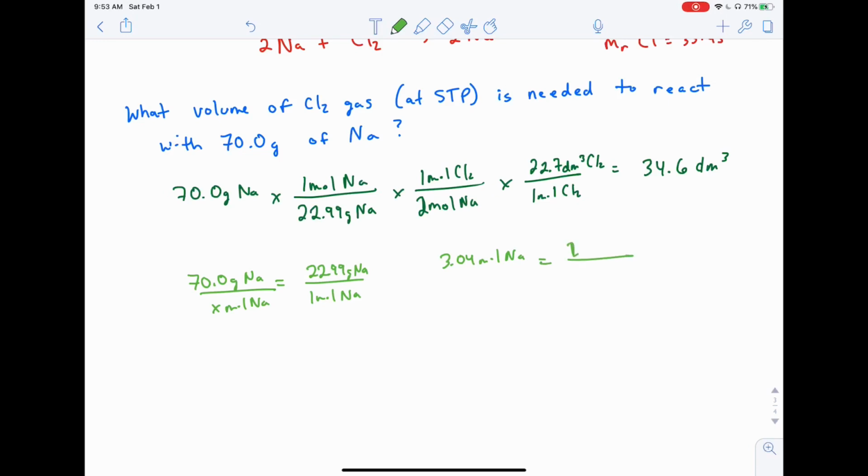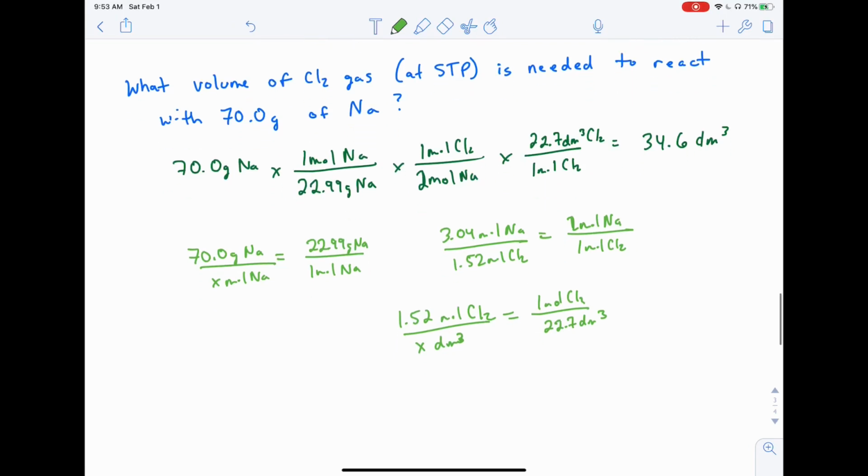Then 2 moles of Na is 1 mole of Cl2, and that means about 1.52 moles of Cl2. And then you just convert, because 1 mole of Cl2 is 22.7 decimeters cubed.